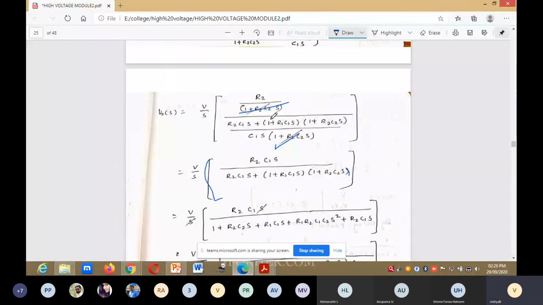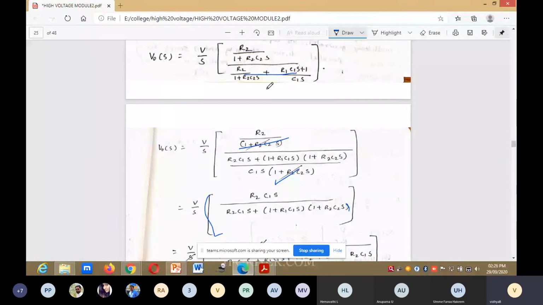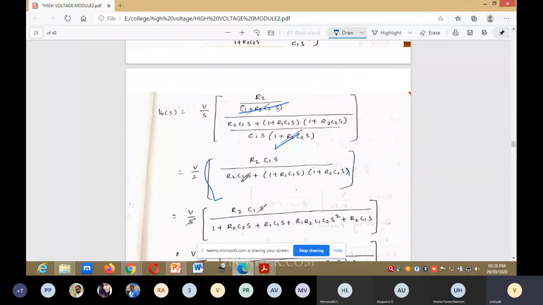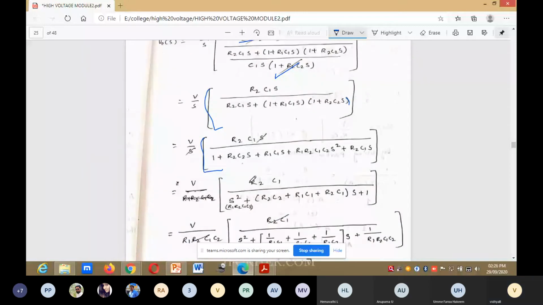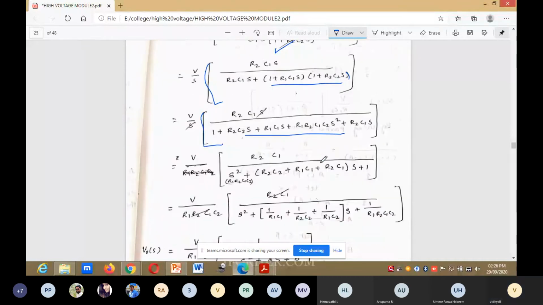This is after taking LCM in the denominator, and after cancelling you'll get V by S open bracket R2 C1 S, 1 plus R2 C2 S plus R1 C1 S. You multiply these two things.